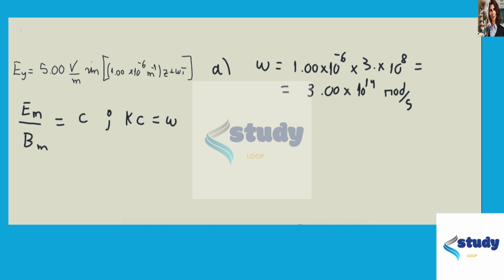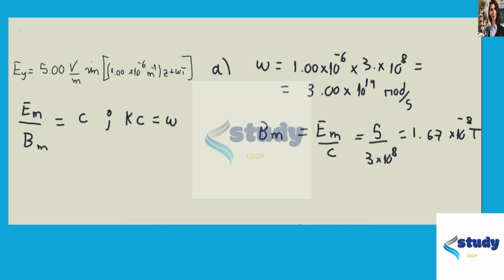And from the first relation, the magnetic field amplitude is E_M over c. So this is 5 divided by the speed of light, which is 1.67 times 10 to the minus 8 Tesla.